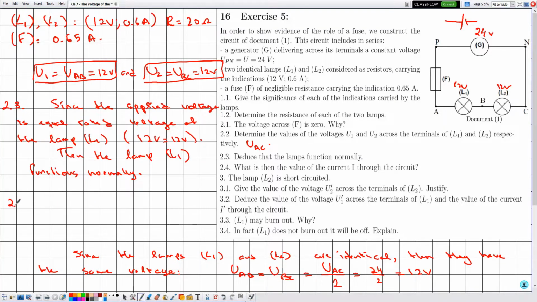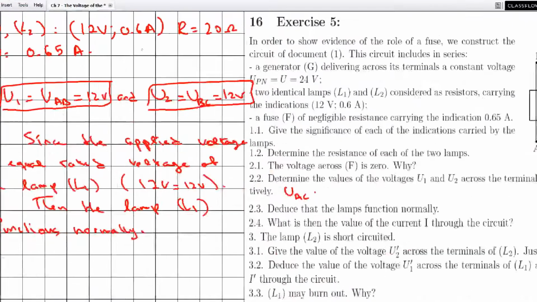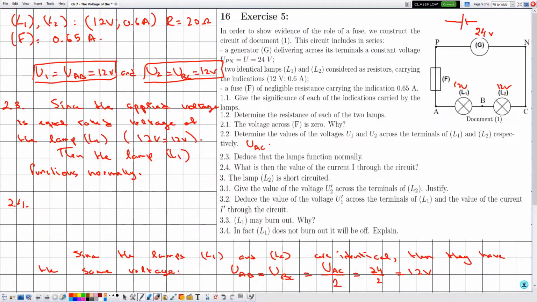And because the lamp L1 is functioning normally, the traversed current will be directly equal to 0.6 amperes, which is the rated current.